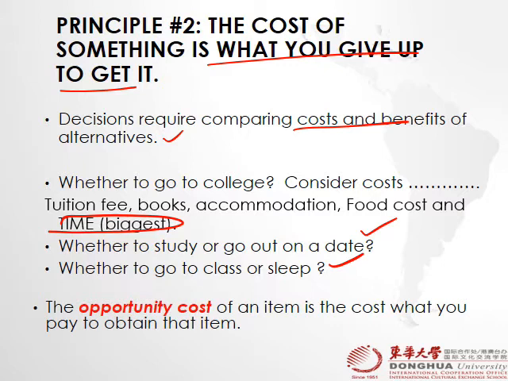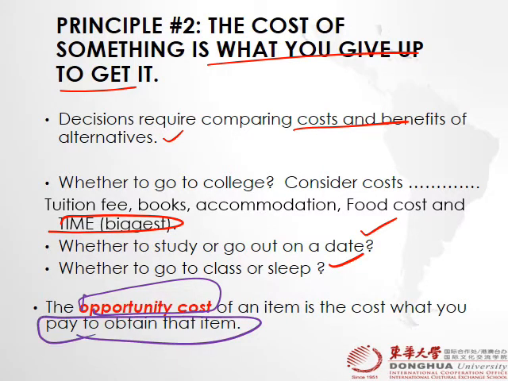The other option that you forgo, we call that opportunity cost, right? The cost of what you pay to obtain that item. So opportunity cost is also called the cost of the foregone opportunity.